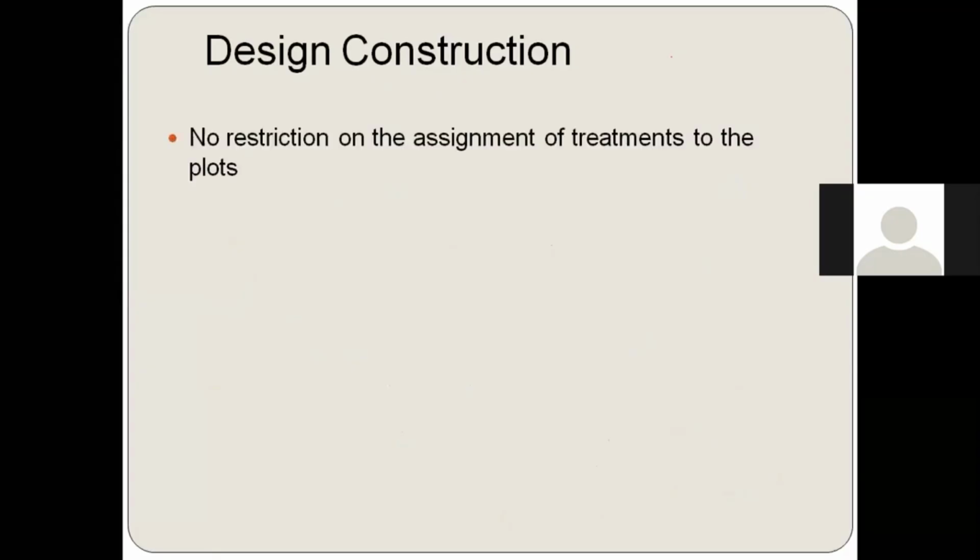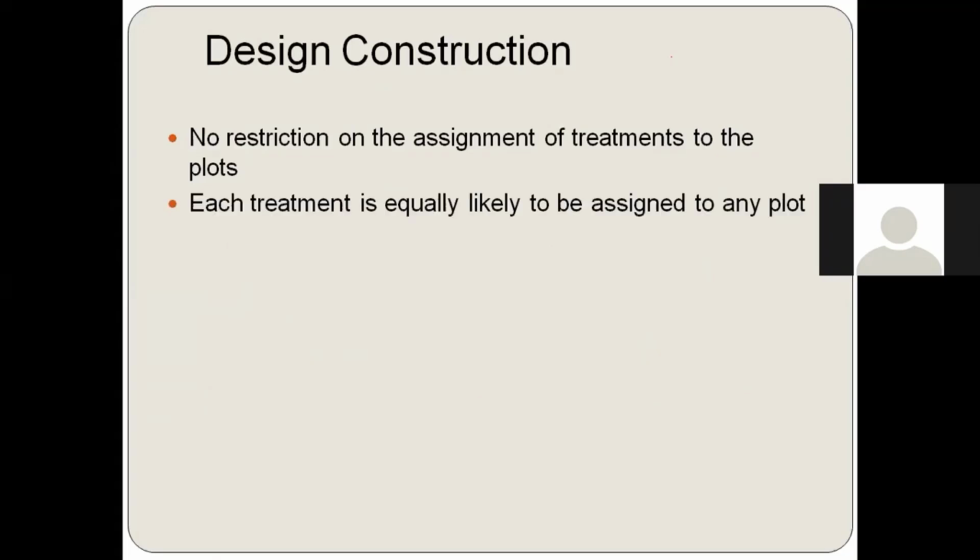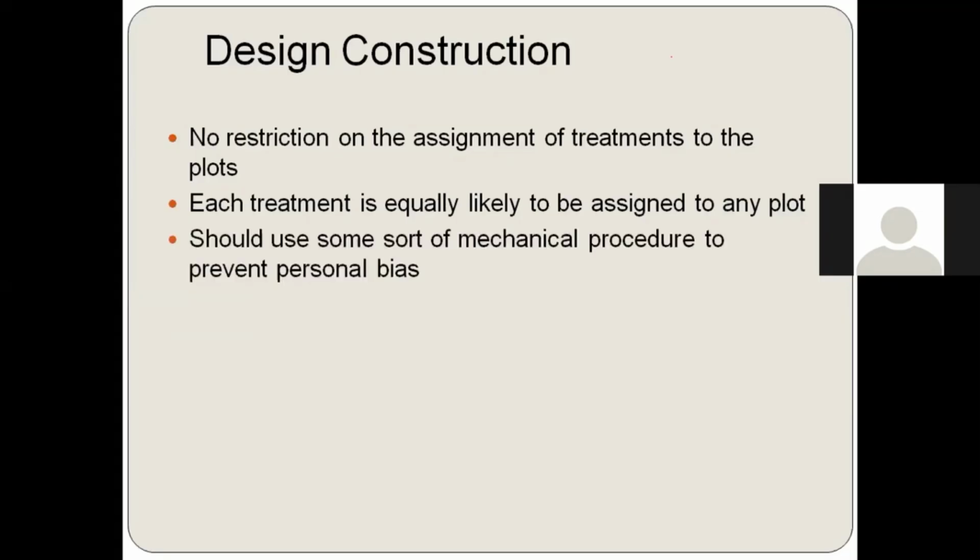Next one is design construction. There are no restrictions on the assignment of treatments to the plots. Each treatment is equally likely to be assigned to any plot. We should use some sort of mechanical procedure to prevent personal bias, so you should avoid personal bias.